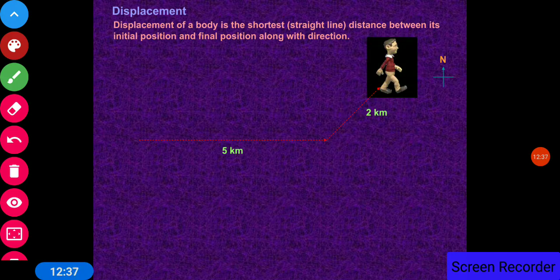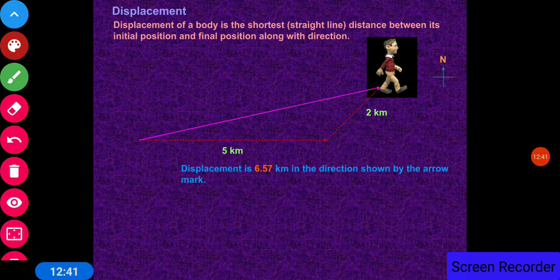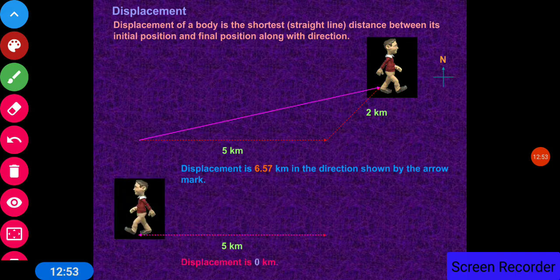Then the total distance was 5 plus 2, but here the displacement will be equal to 6.57 kilometers in the direction shown by the arrow mark. Again, in the second case, the boy is moving 5 kilometers and then coming back to his origin position, so the displacement will be 0 because he has reached his original position.